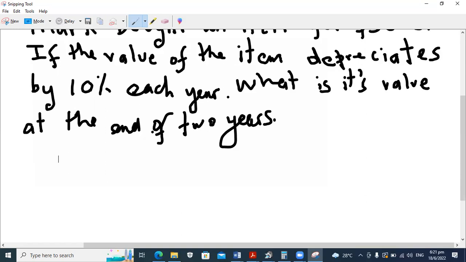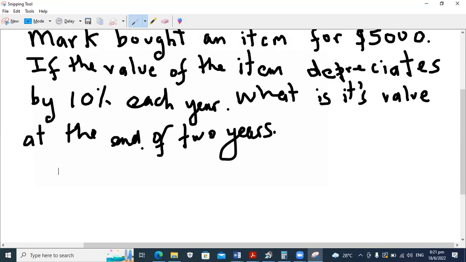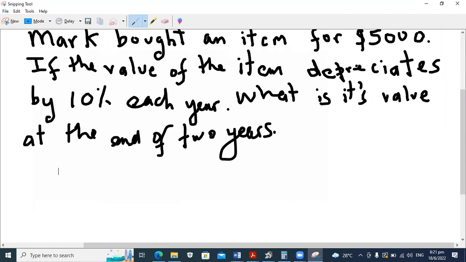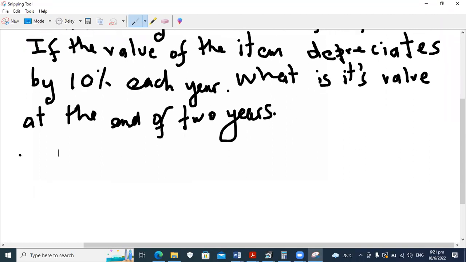Right. So there's a formula, but because it's 2 years, you don't have to use a formula. What you can probably do is find 10% of 5,000 in year 1.